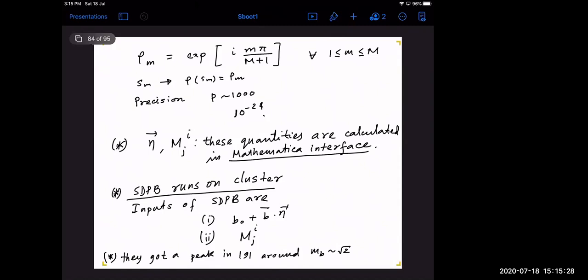What they actually got was a plot of data points, and they could extrapolate to find out that it was working. So this was a problem of cubic coupling. There was also another detailed analysis for quartic couplings, and I won't go into that; these are essentially the numerics that have been done.